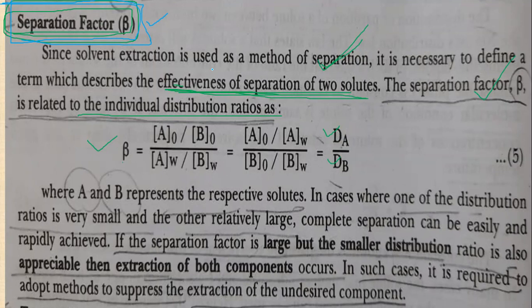For the effectiveness of the solvent, we are going to use one term: how effectively that solvent separates two solutes from each other into two solvents. That is defined by the separation factor.